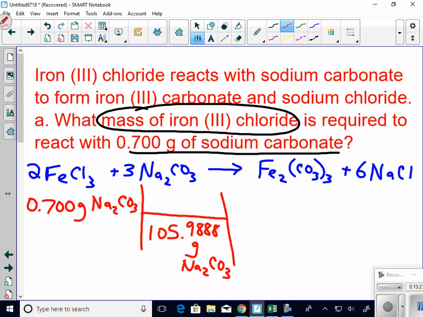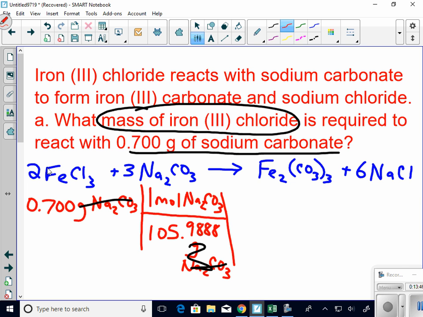Anybody do that? Did I do that correctly? Do our numbers agree? Okay. And that is 1 mole of Na2CO3. So I double check, my grams cancel. I have now converted this into moles, haven't I?